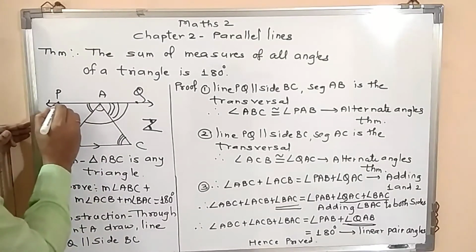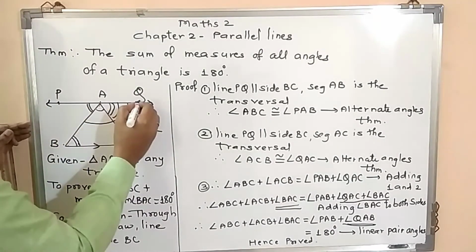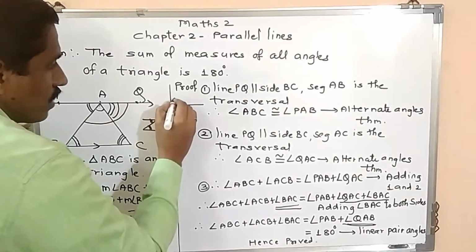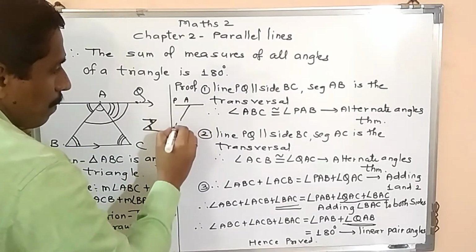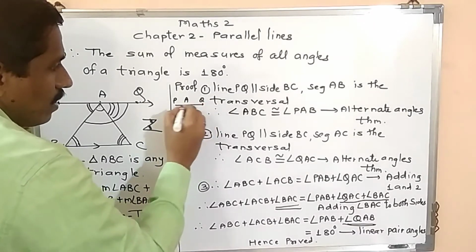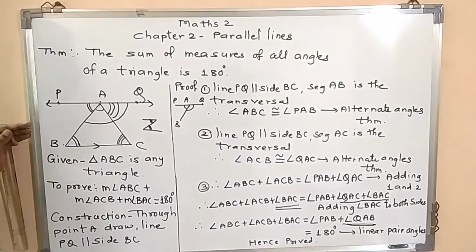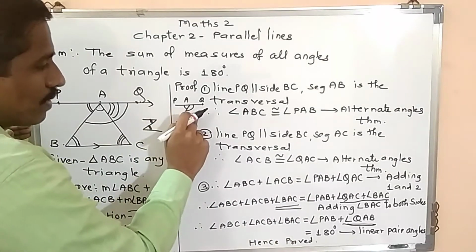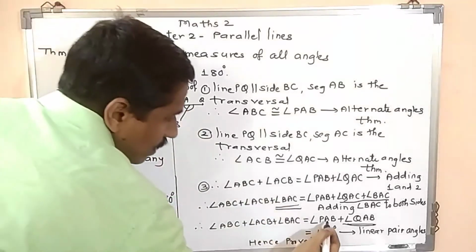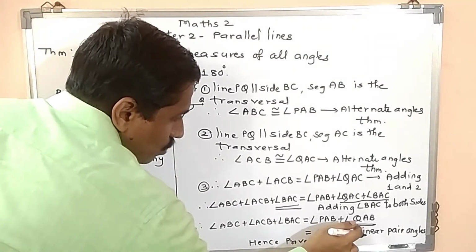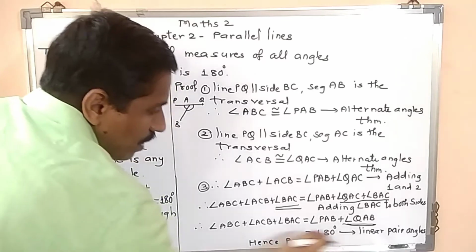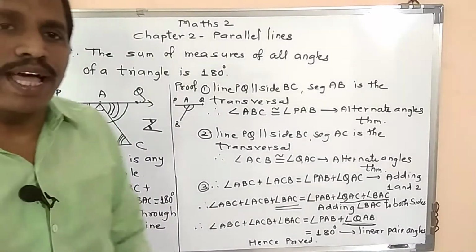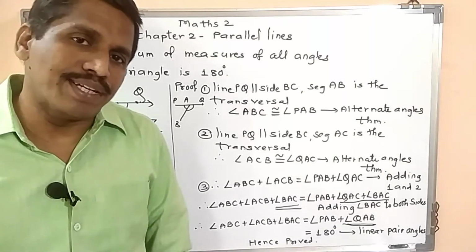Right hand side is angle PAB and angle QAB. They form a linear pair, and we know that linear pair angles are supplementary, means their sum is 180 degrees. So angle PAB plus angle QAB is equal to 180 degrees. Hence, we have proved the sum of measures of all angles of a triangle is 180 degrees.